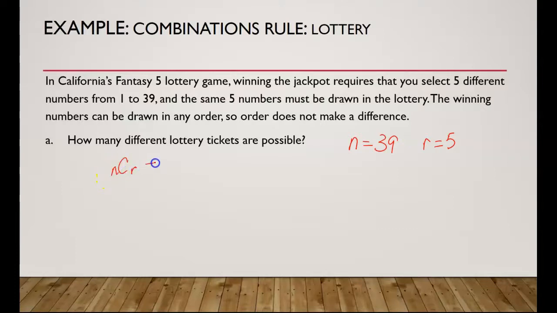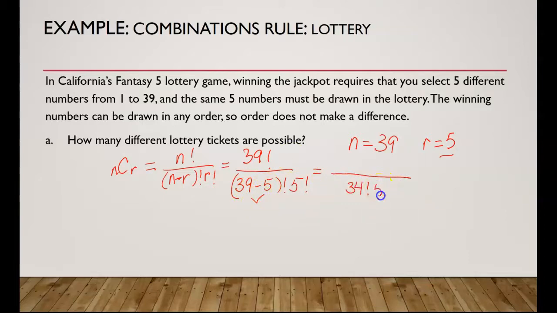nCr equals n factorial divided by n minus r factorial times r factorial, equals 39 factorial divided by 39 minus 5 factorial times 5 factorial. Don't worry, we are not going to multiply 39 times 38 times 37 and so on. We just need to simplify the denominator part first. 39 minus 5 is 34 factorial times 5 factorial.